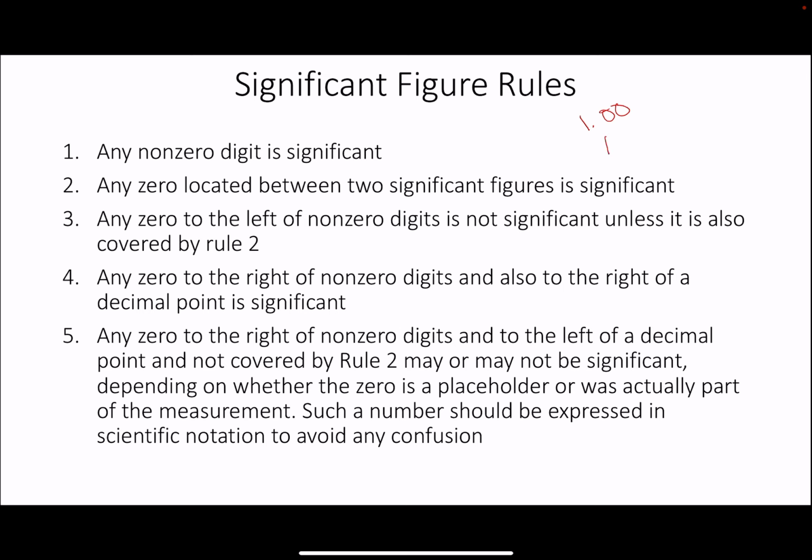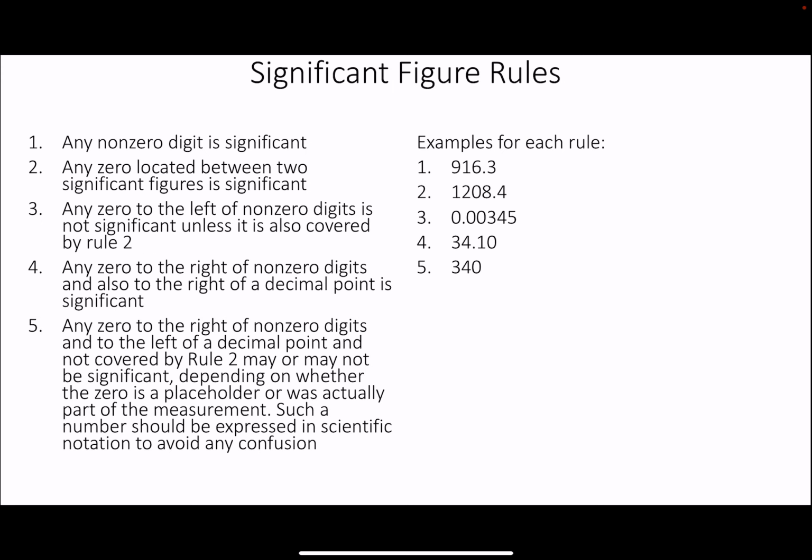I could have just written 1, but I didn't, right? So what I'm telling you is that it's not 1.01 and it's not 0.99. It's exactly 1.00, which is not the same as just saying it's 1. And then rule 5 here is basically easiest shown by an example on the next slide.